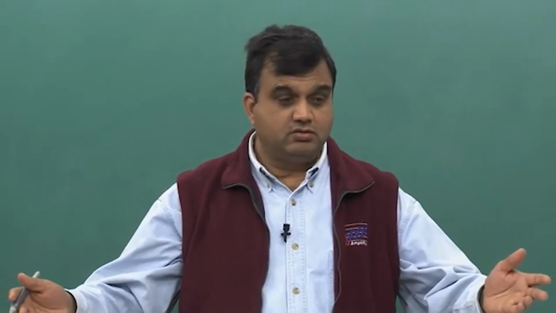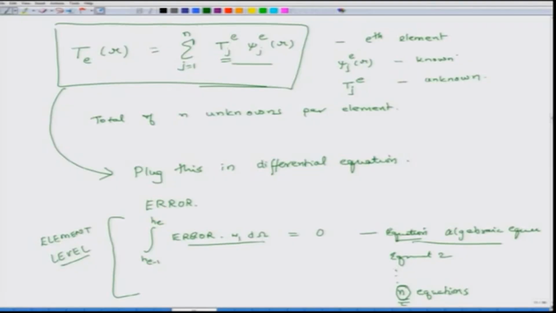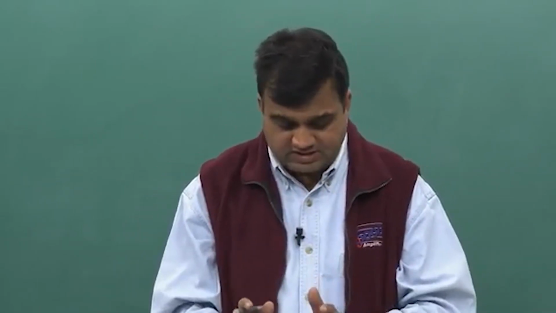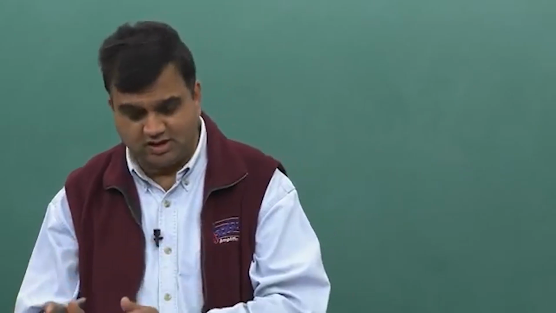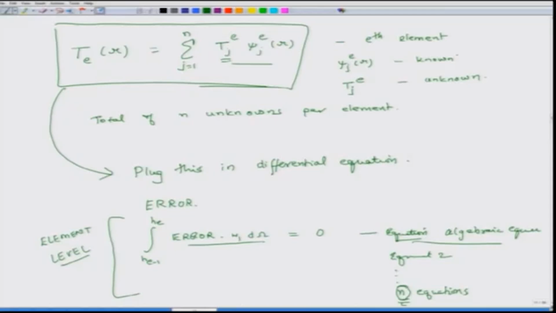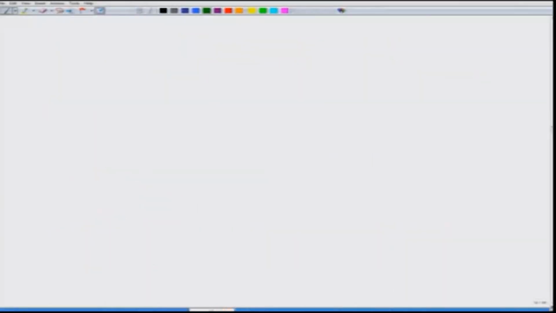Because we have to connect our element to the neighboring element. Only then we will know what are the interrelationships, right? So we will connect first element to the second element to the third element to the fourth element, right? So first we will develop equations at element level, and then we will assemble. And how this assembly process happens, we will learn it, but I am now giving you the algorithm.